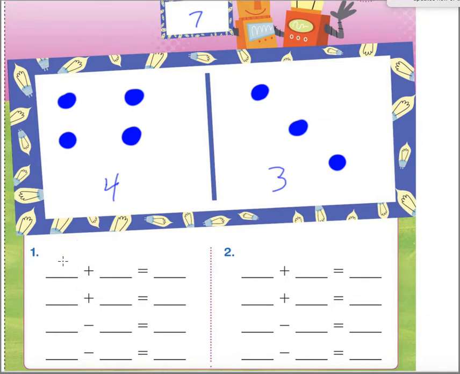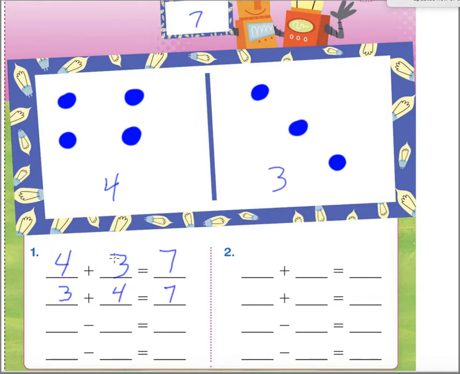So you don't have to write these number sentences down. I'm just going to show you exactly what I mean real quick, and then we're going to do way more fun numbers. So 4 plus 3 is 7, right? We know that's one way we can show a number sentence with these 3 numbers. But there's another way we can write an addition sentence with these numbers, which is 3 plus 4 equals 7.